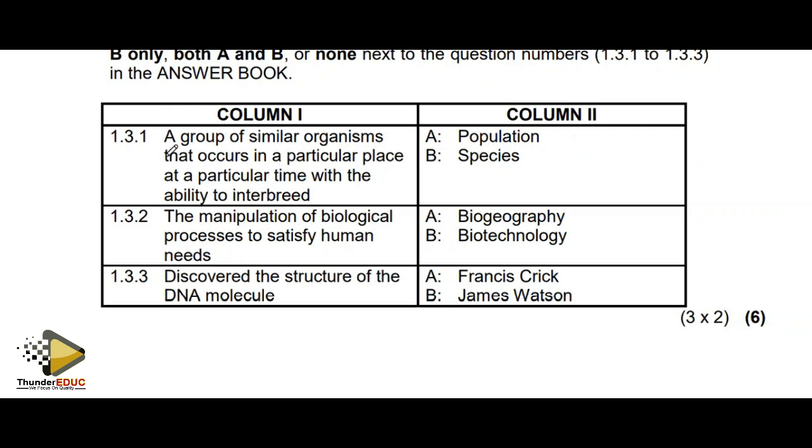What is it? Since it's a group of organisms, and they're able to interbreed, it is a species, but because it's a group, it's going to become a population. So the word group cancels out the species and forms population. So the answer becomes population only.